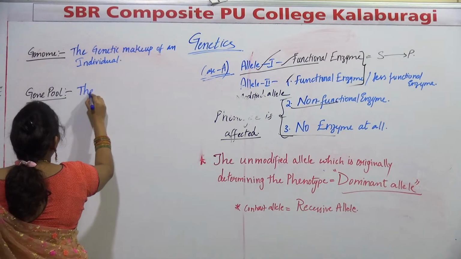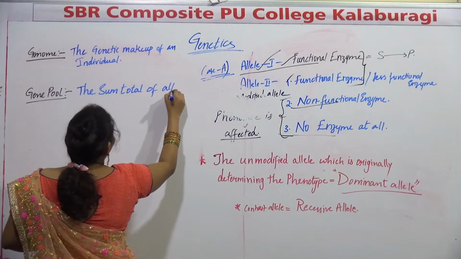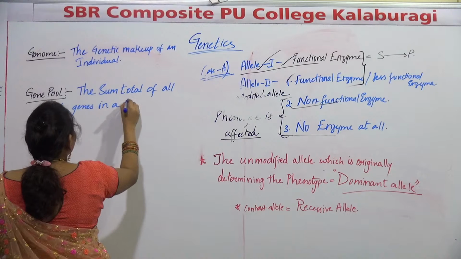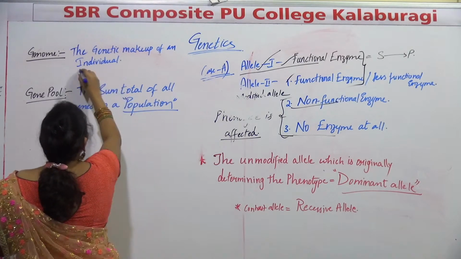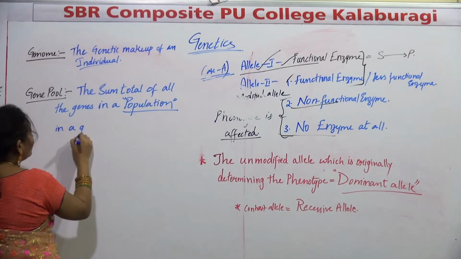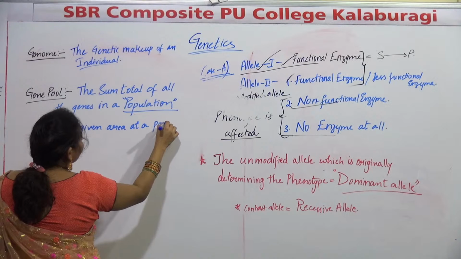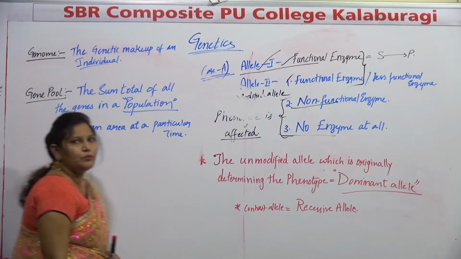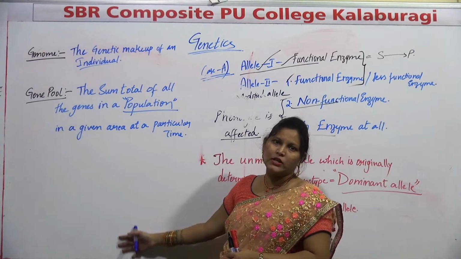The sum total of all the genes in a population, in a given area, at a particular time is known as gene pool. See here it is individual, here it is population.